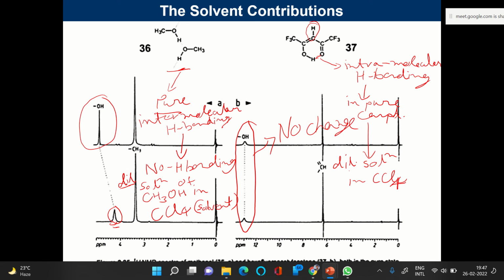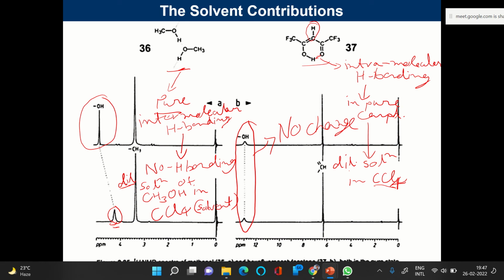One end, the carbonyl end, interacts with the hydroxyl proton, and this will remain as it is. It doesn't matter if you change the solvent to CCl4 and isolate the molecules, it is still like that. Or if you have the pure compound, it will still appear the same. So the position of this hydroxyl proton in this case remains unchanged.